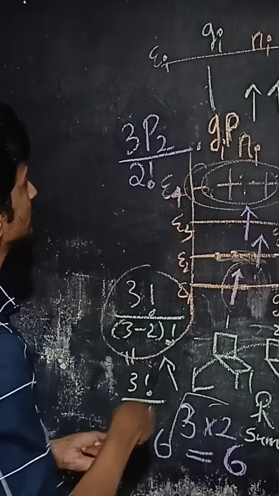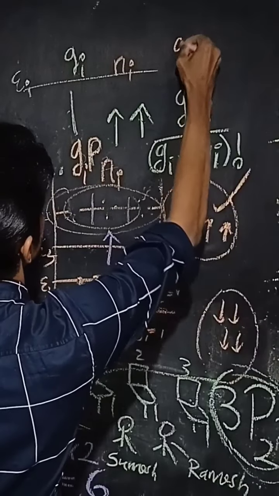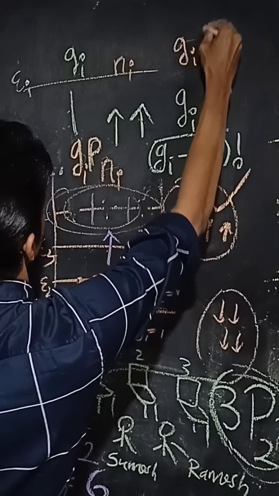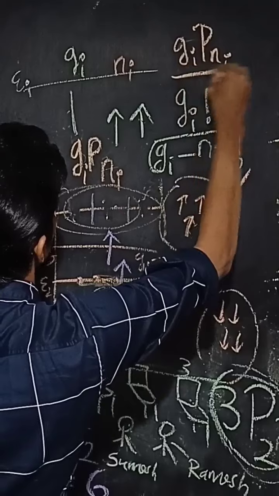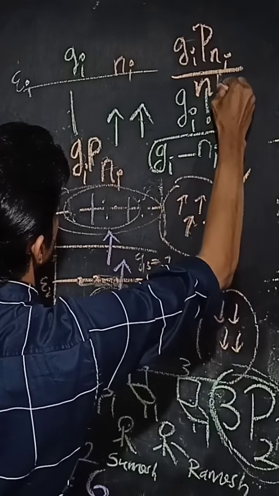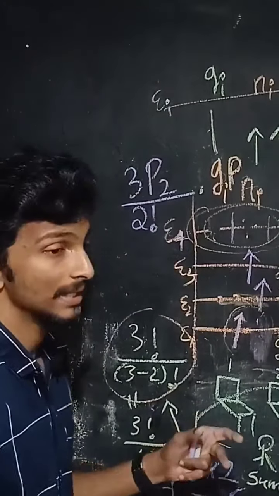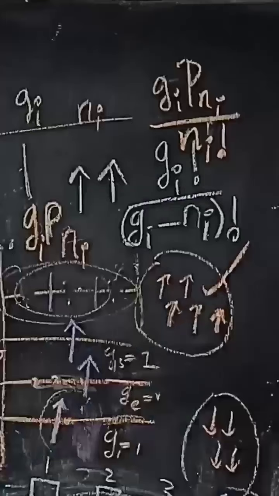So in the general case we need gi P Ni divided by Ni factorial, which comes from the number of ways in which the Ni particles can arrange themselves.